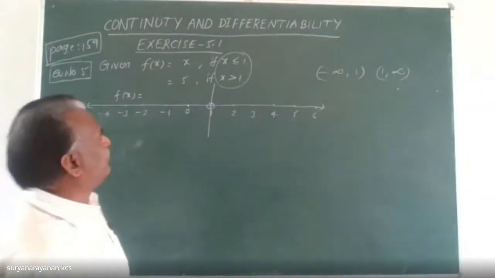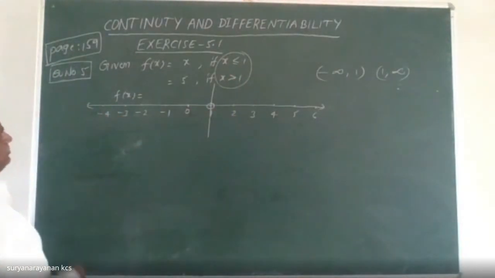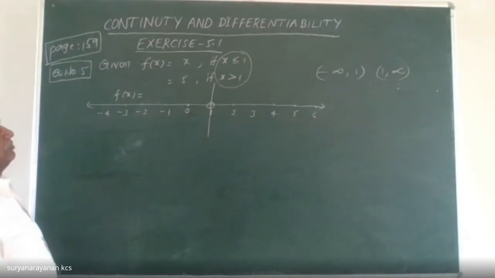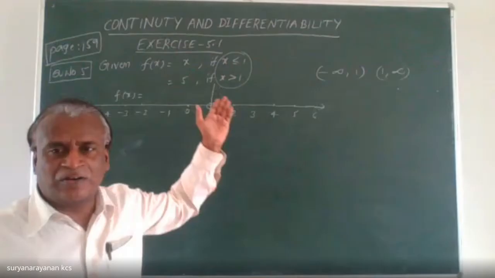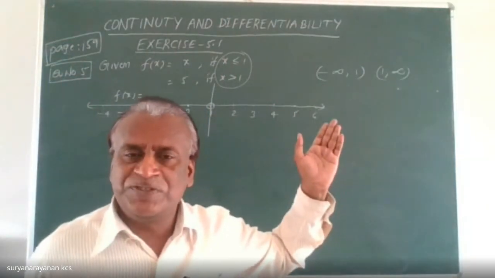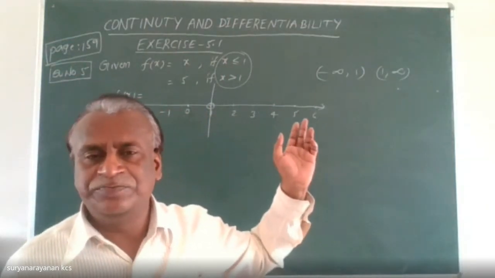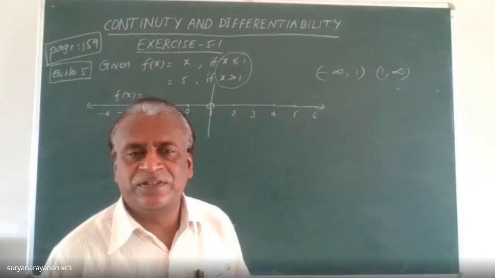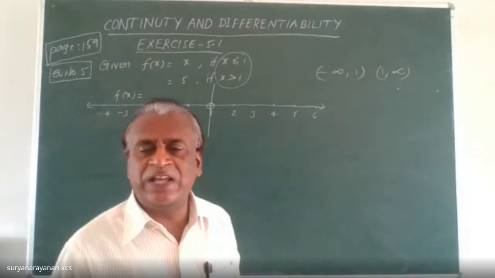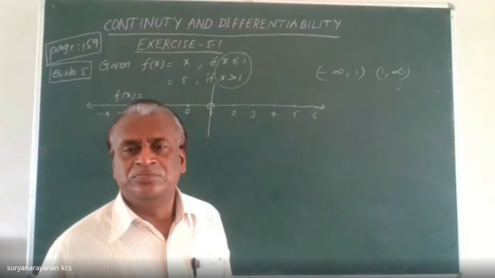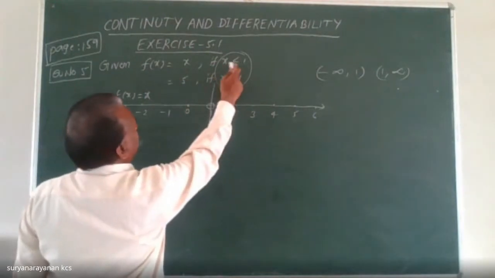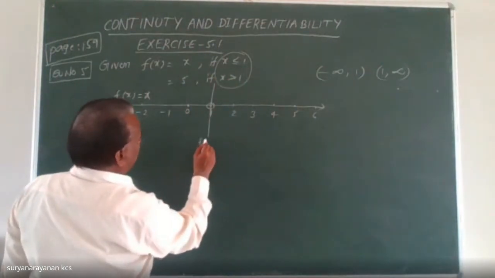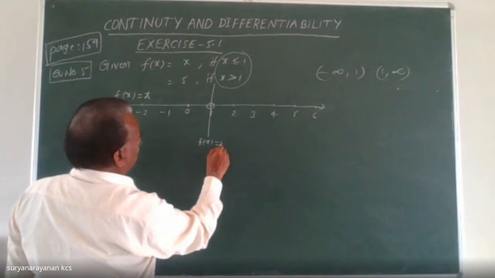So, if x is less than 1, what is f of x? Observe the given data carefully. X, sir. F of x is equal to x. If x is equal to 1, f of x is equal to x.